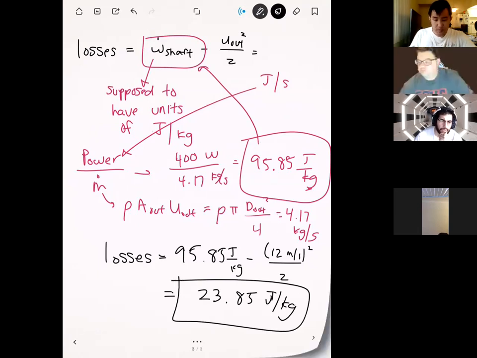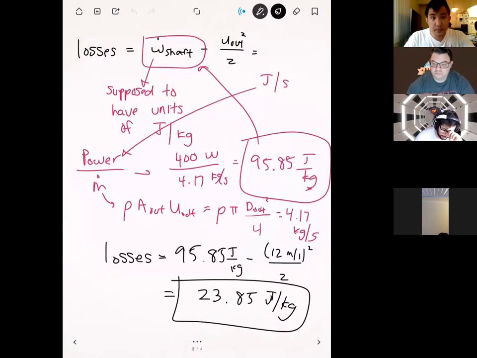Just wanted to clarify. Is it because of the joules that we're able to combine the meters per second squared? Remember, m dot is mass flow rate, so mass flow rate is kilograms per second. If we divide joules per second by kilograms per second, the seconds cancel out and we get joules over kilograms.